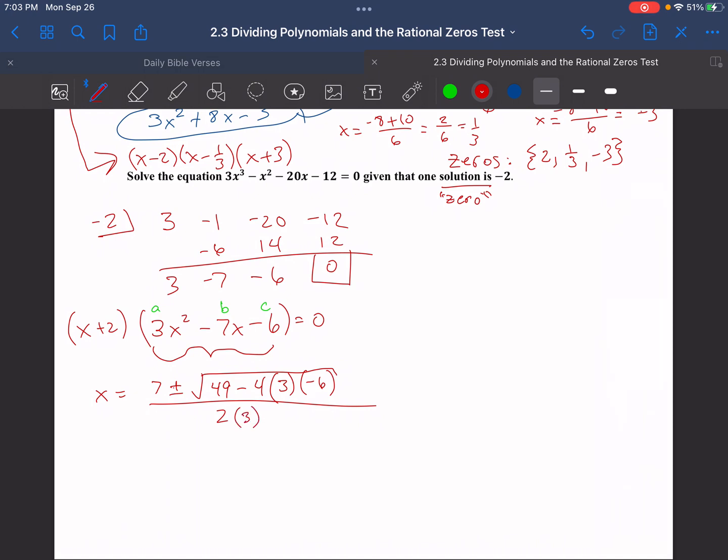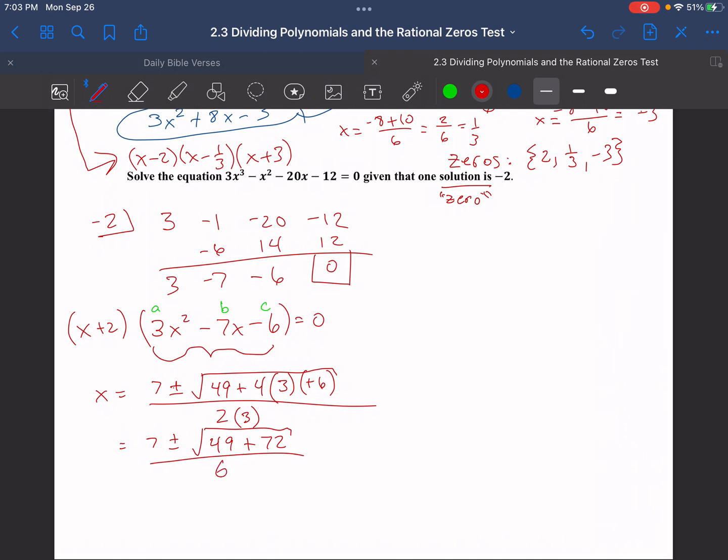And then you start multiplying this all together. This is 7 plus or minus square root of 49. And here we have 4 times 3, which is 12, and then 12 times 6 is 72. And then the negatives cancel right there. So this is plus 72 square rooted all over 6.